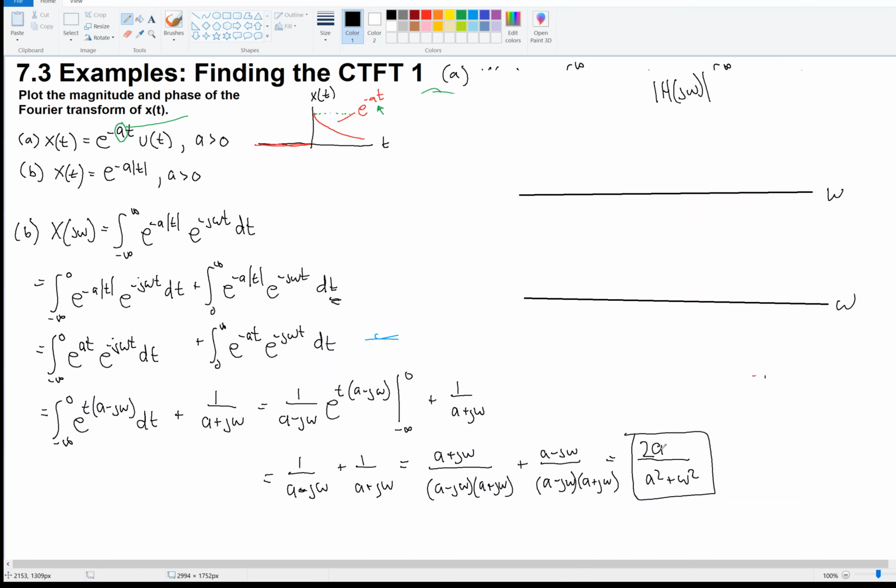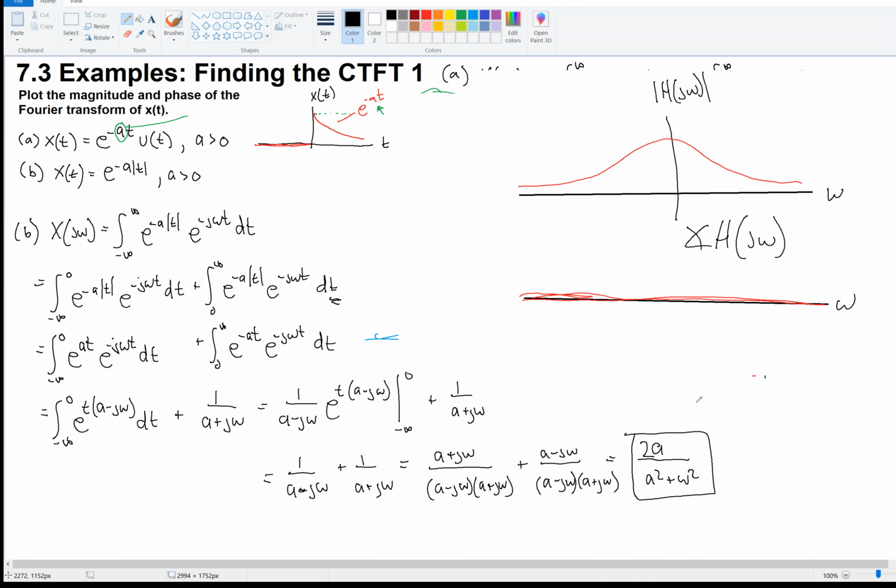So 2 times a is positive, a squared is certainly positive, and omega squared will be positive. And what I get when I plot it, a similar argument from the previous one, it looks something like this. And the phase, being that this is a real expression and it's never negative, the phase of that is just 0. So that's kind of trivial. This is the phase.